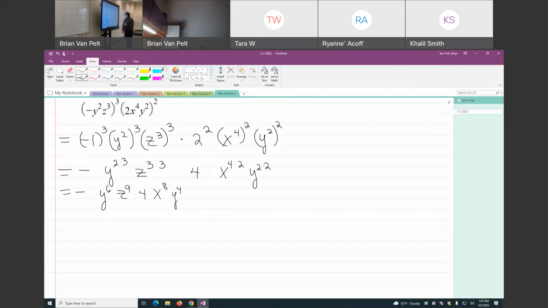Okay, I'll move things around. I can use commutativity for that. So I start with -4. I got y to the 6th times y to the 4th, z to the 9 times x to the 8.